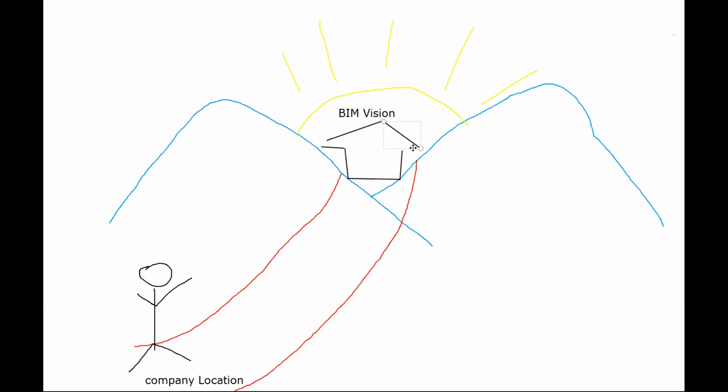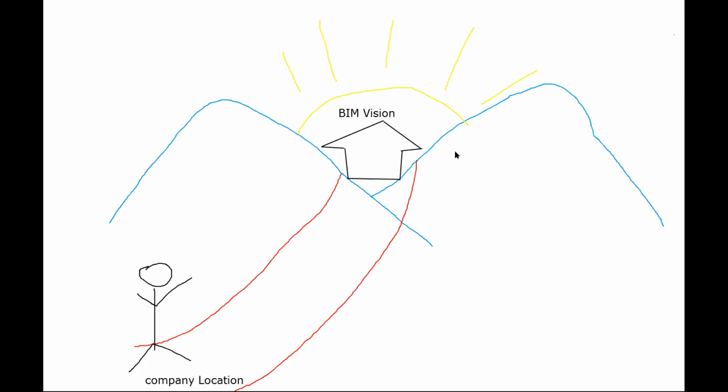But what we're now asking is, now that you've seen what BIM can do, and the contribution that BIM can have towards ensuring that you meet your goals in the organization, if you get here, what would you be able to do better? How can BIM help you get to this point?